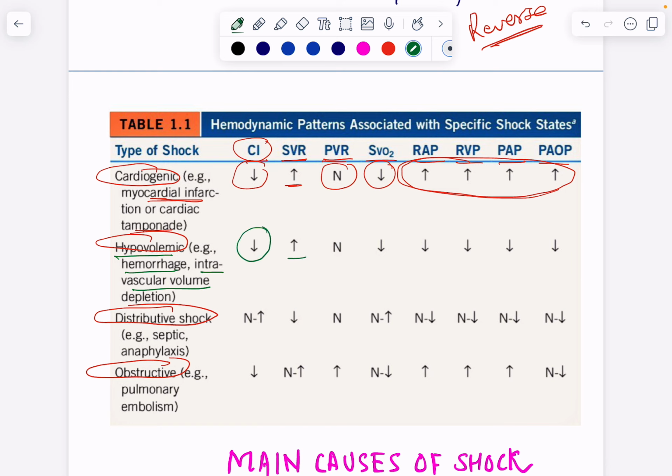Naturally, the body causes vasoconstriction, so there is increase in systemic vascular resistance, and the peripheral vascular resistance remains normal.